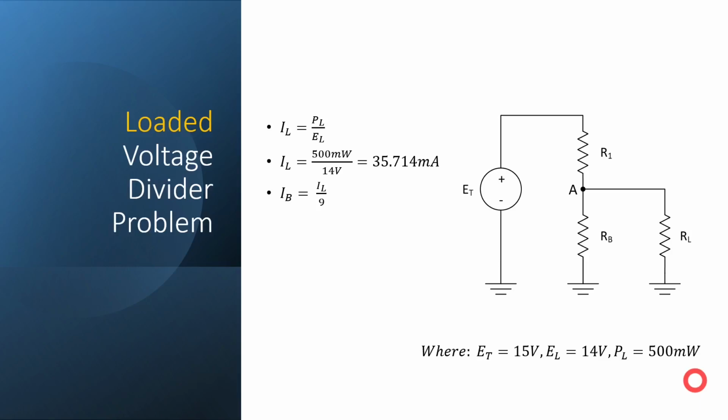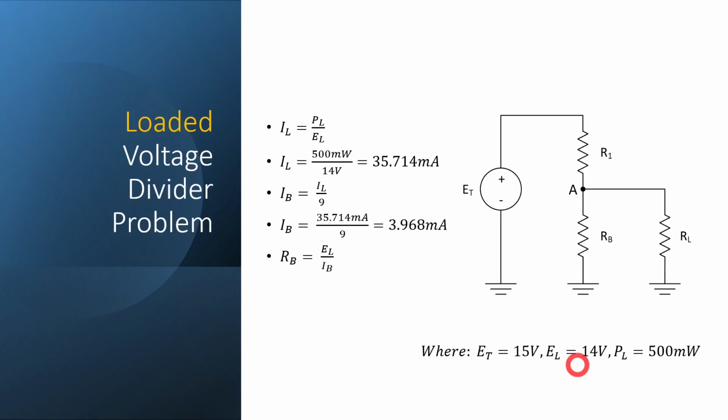That's just our formula that says 90% is going to go through the load, and 10% is going to go through the bleeder. So we're going to take our 35.714 milliamps divided by 9, and we're going to get 3.968 milliamps of bleeder current. Okay, we can go ahead and figure out the value of our bleeder resistor because we know the voltage across that. Remember, the bleeder resistor is in parallel with our load, and our load voltage was given to us. And a characteristic of a parallel circuit is voltage is common.